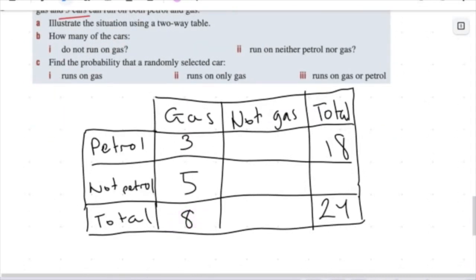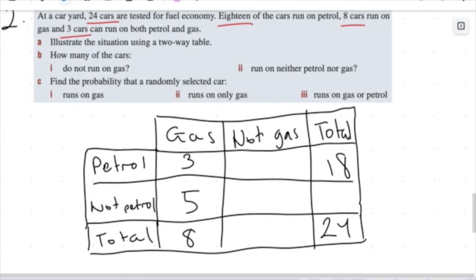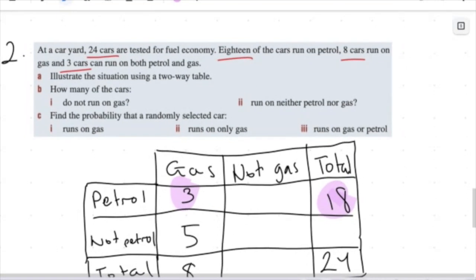And similarly here, we know that 3 of the ones that run on petrol run on both. But there's still a bunch of other ones in here that run on petrol but not gas. And that amount has to add with my both to give me 18, the cars that run on petrol. So remember, this total is the ones that run on petrol and gas.